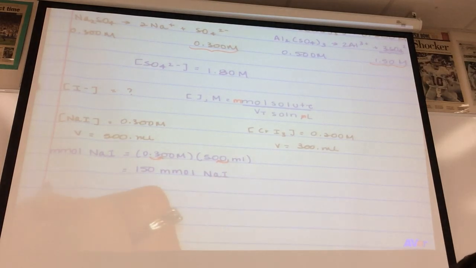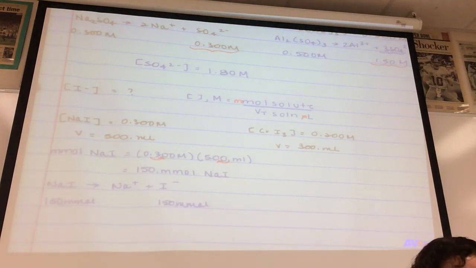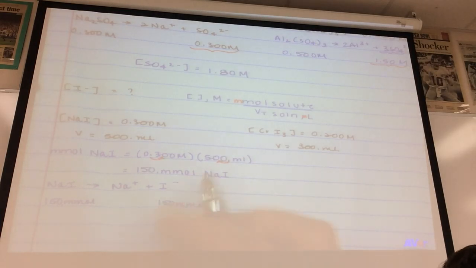Now from sodium iodide, I get sodium ion and iodide ion. And if this is 150 millimoles, why is the iodide ion also 150? 1-to-1 mole ratio. Good. So this is the first piece of the puzzle.